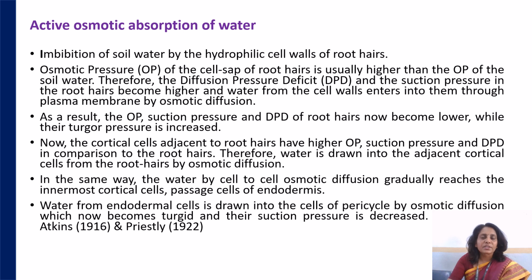From the endodermis, through the passage cells, the water enters the xylem, which now transports the water in an upward direction. This movement of water is basically caused by the osmotic gradient.